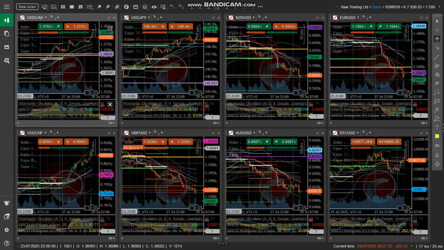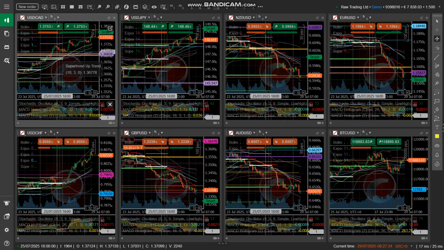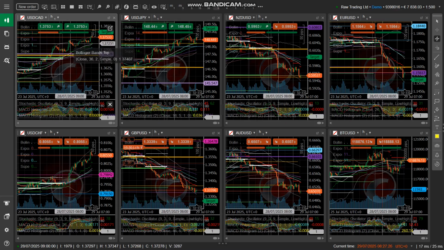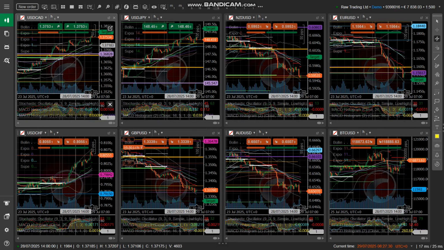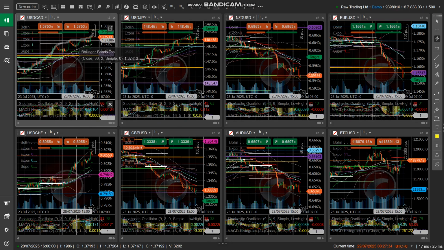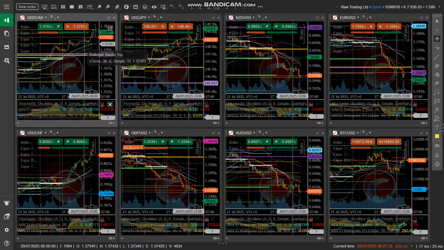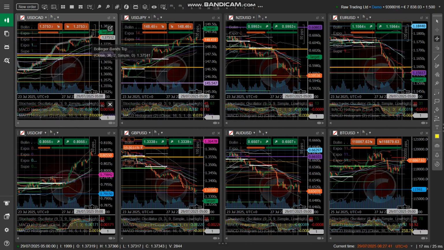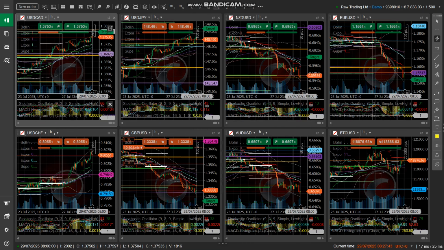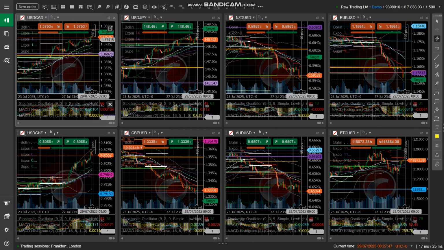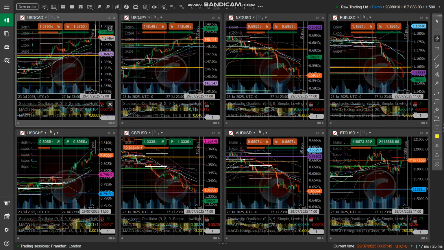Unlike USD CAD, step by step they go up, pull back, go up, make a higher high, pull back, respect this support and resistance, moving up, no higher high until the second one, moving up again and trying to make a higher high. The price is now at the yellow orange line here.